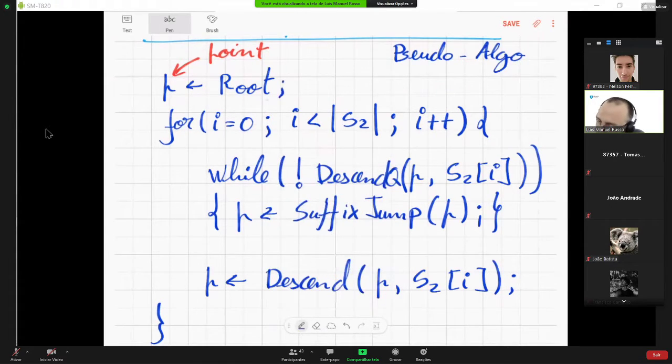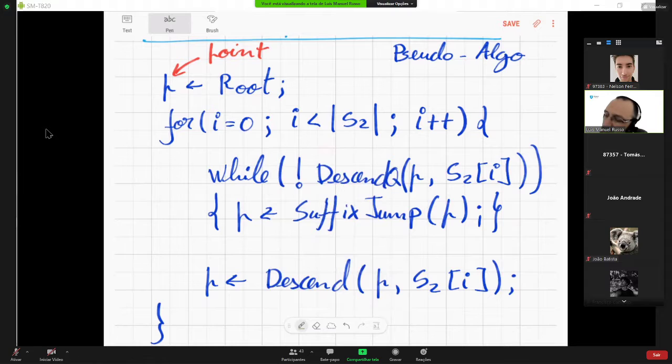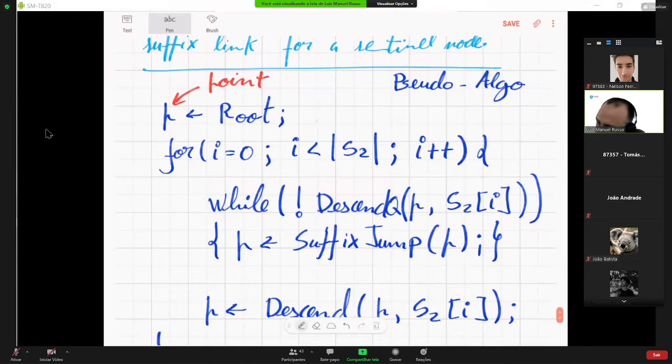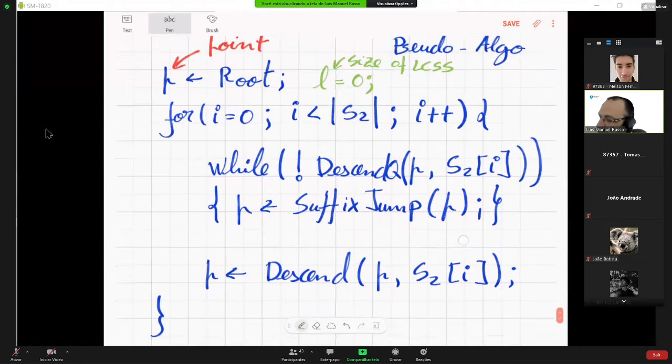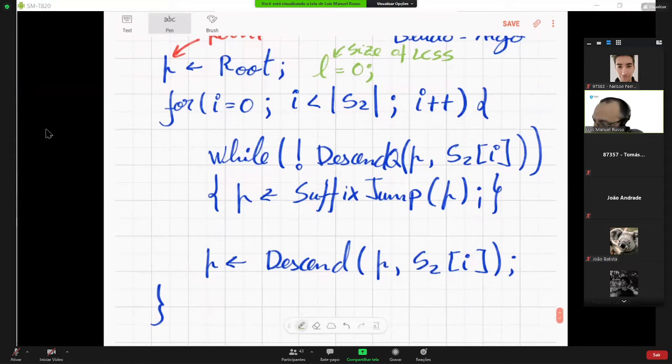For this particular problem, I'm just going to try to find the size of the longest common substring. So I'm going to use some L that I start at 0, and this is the size of the longest common substring. It's pretty easy to change this code to determine that.